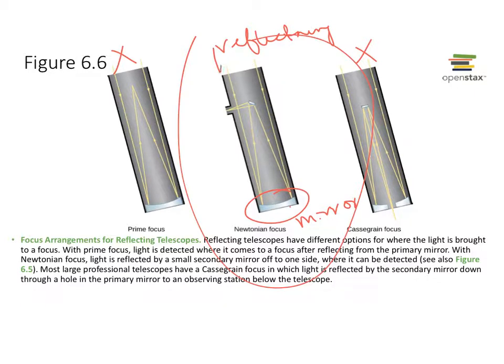So basically we have light coming down, and I'll show you this in class. We have light coming down to this mirror, and this mirror, notice, is what we call a concave shape. Actually, it's supposed to be parabolic, but concave is close enough usually. And so the light comes down to the mirror, and then notice that the light bounces off to what we call a secondary mirror.